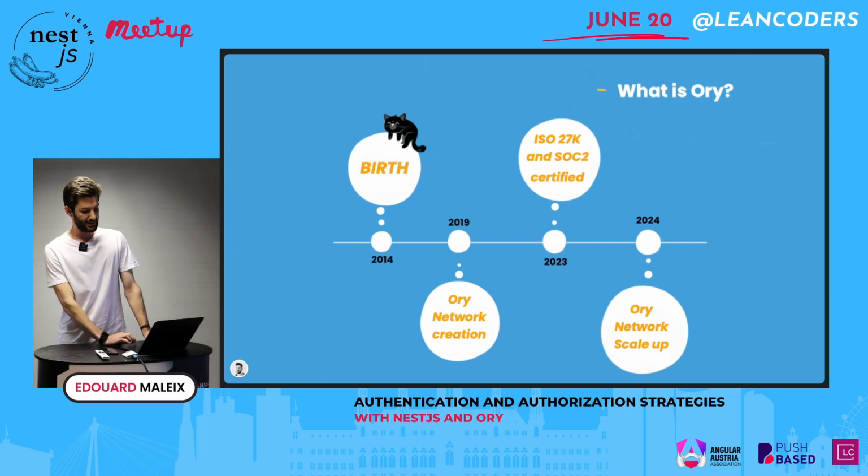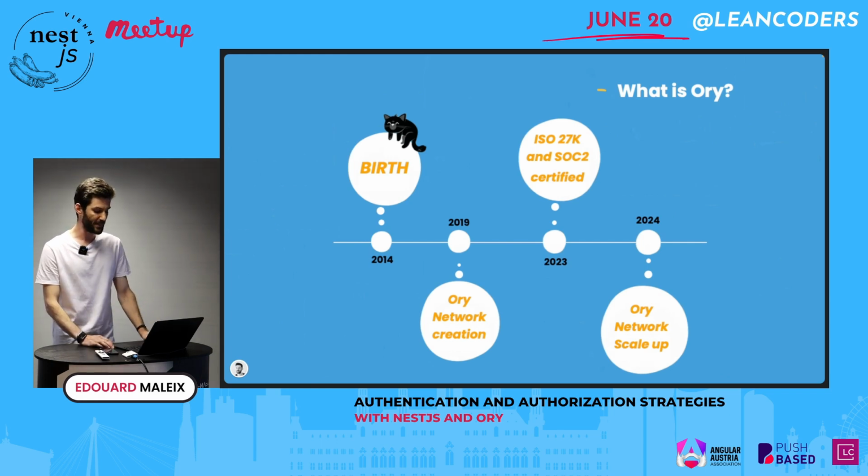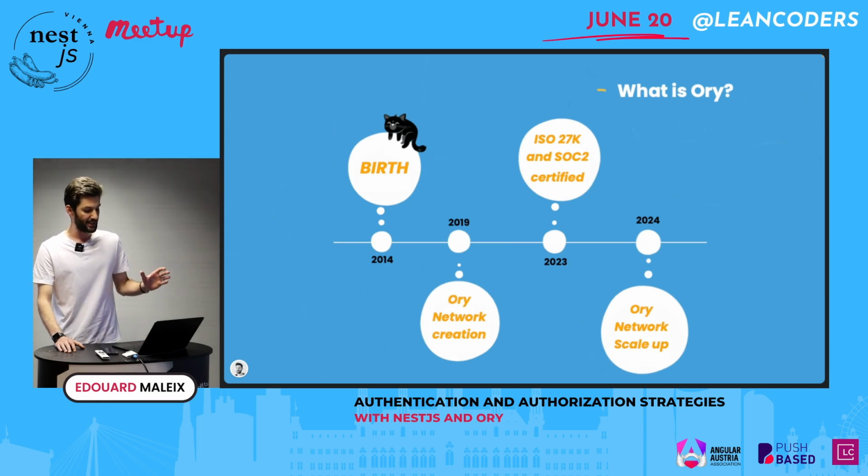In 2019, the founder of the open source project created a company in Germany and built the ORY Network product. It's built on top of the ORY open source stack, but it's hosted on the cloud and provides many benefits, including this one: in 2023, the platform became ISO 27001 and SOC 2 certified.